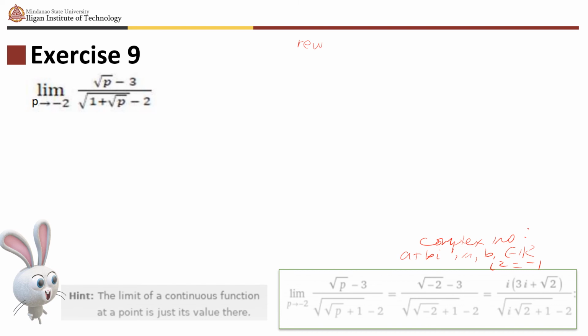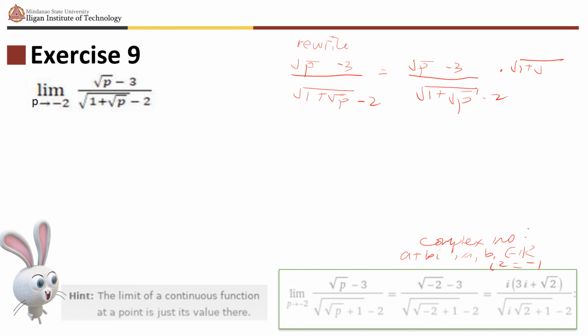So we can rewrite the square root of p minus 3 all over the square root of 1 plus square root of p minus 2, multiplied by 1, and 1 is of the form square root of 1 plus square root of p plus 2 all over the square root of 1 plus square root of p plus 2.